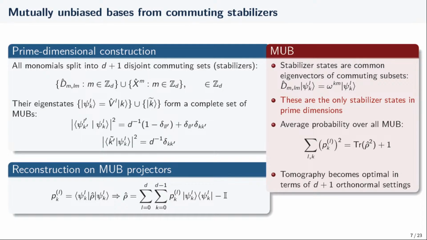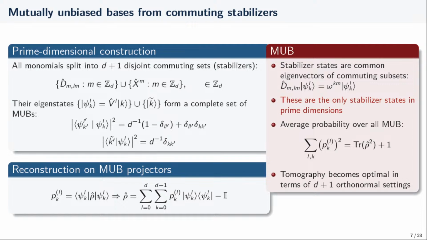These are labeled by m, n, l, where l is a number from 0 to d, and all these operators commute with each other. This means that the set of operators with every l fixed generates a set of commuting operators.